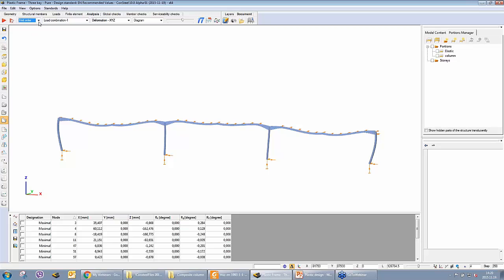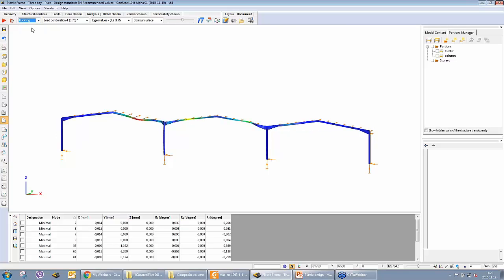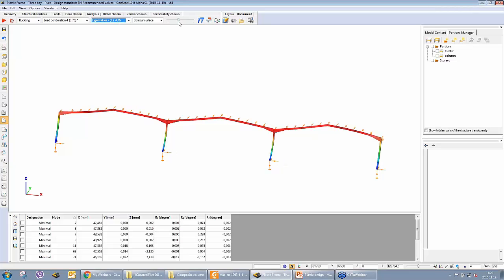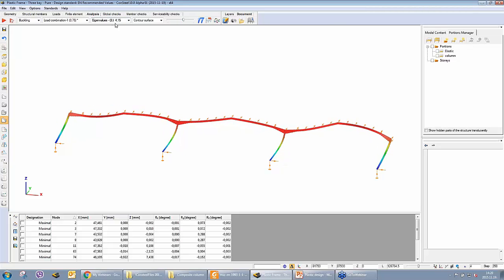And of course the buckling results are also always calculated at the design load level. So in this case, if at the design load level we have an elastic state, the buckling results are also the same. We have the same in-plane buckling mode at the load level of 4.15.